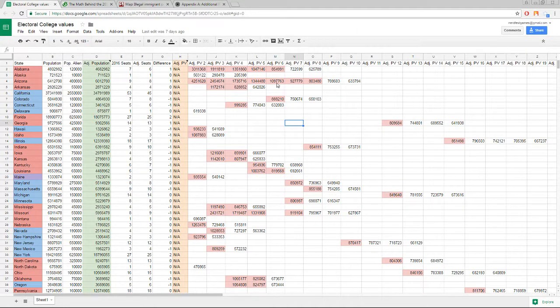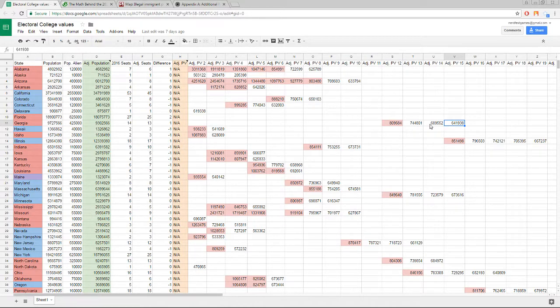So after I went through and calculated those 3 seats for each state, for states that didn't have an 800,000, I started calculating back until I got 800,000.